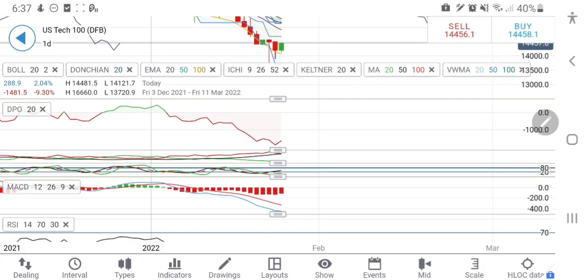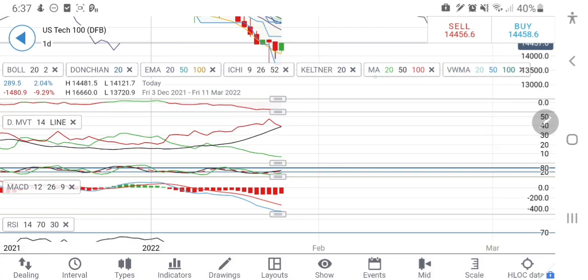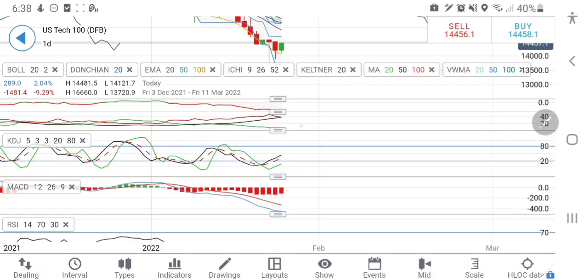On the DPO, see, this is clearly reversing here, indicating minor bullishness. And now look at the directional movement here. It is probably trying to cross. However, the bullish move is still very much not there, but yes, the bearishness is reducing, and hence probably it might try to cross over and enter into a buy zone.